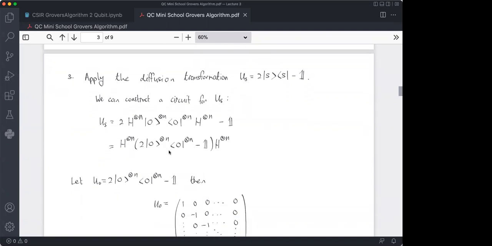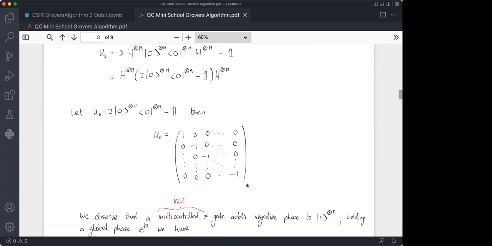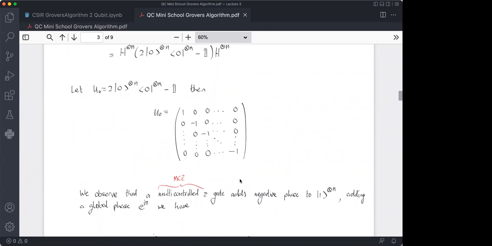We need to look at the matrix that's left in the middle here. If we let U naught equal this middle matrix, it's going to look like a 1 on the first entry, and it's diagonal with negative 1s everywhere else.